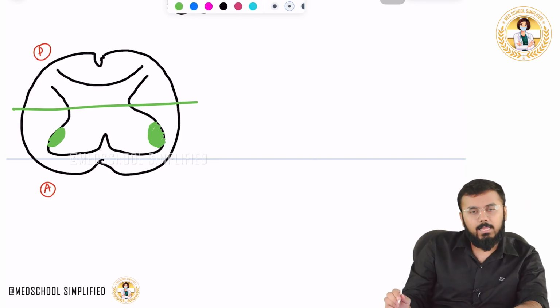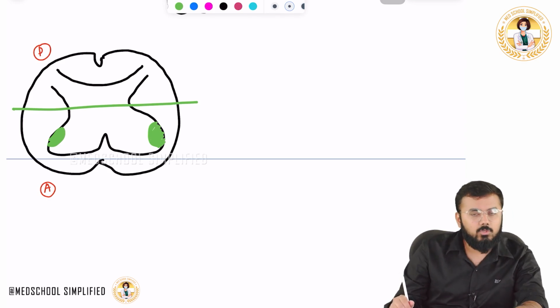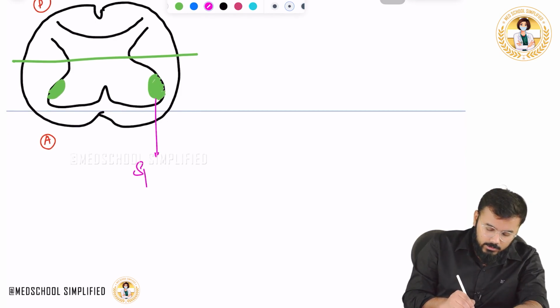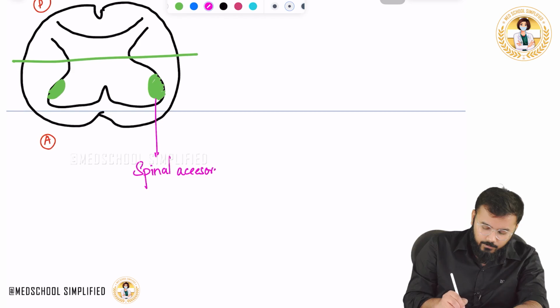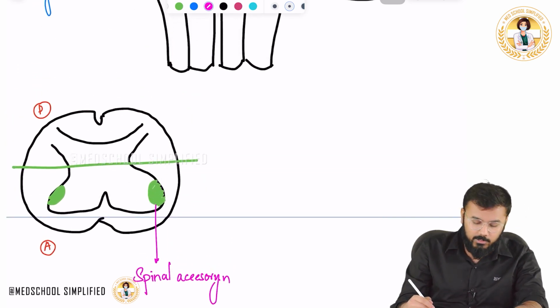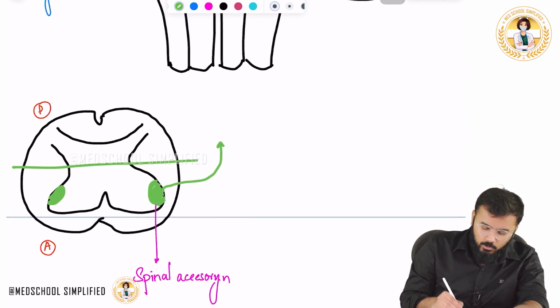From the lateral aspect of the anterior horn, you get a nucleus there. This nucleus is called the spinal accessory nucleus. Now from this spinal accessory nucleus, you see a nerve that is going up like this.